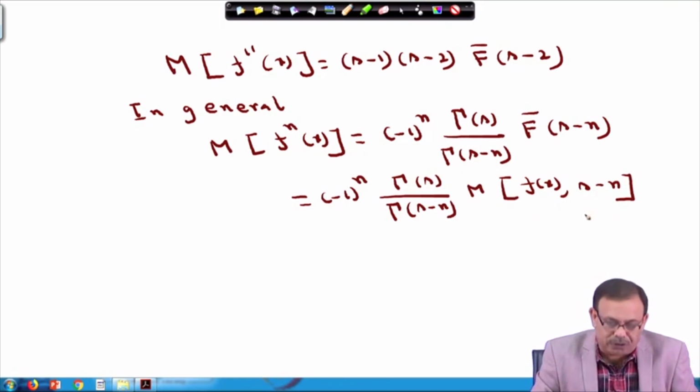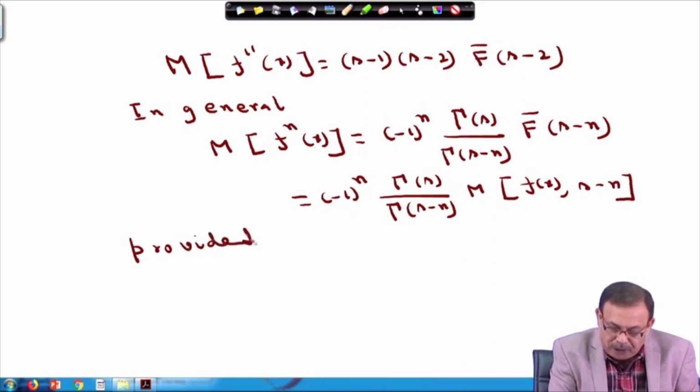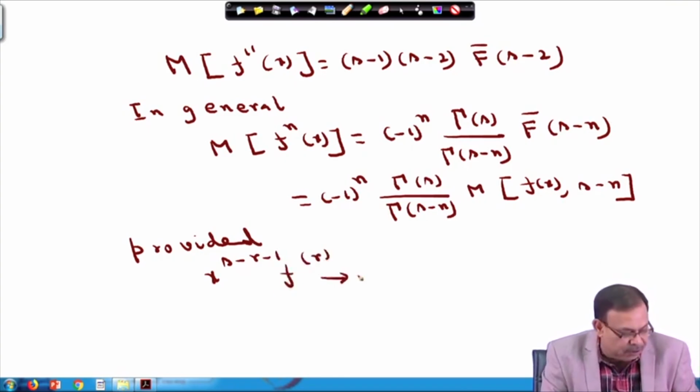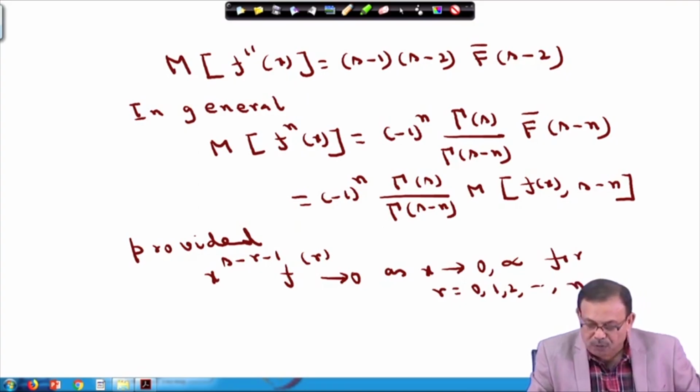You can write it this way also, provided one more condition is used: x to the power s minus r minus 1 into f r x approaches 0 as x approaches 0 and infinity, for r equals 0, 1, 2 up to n minus 1.